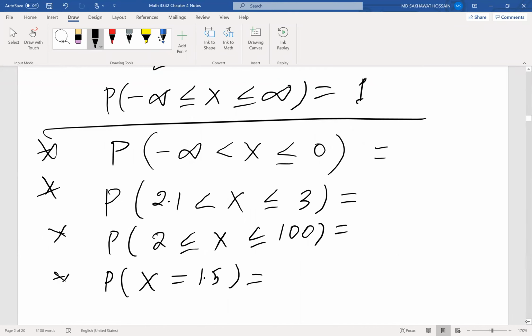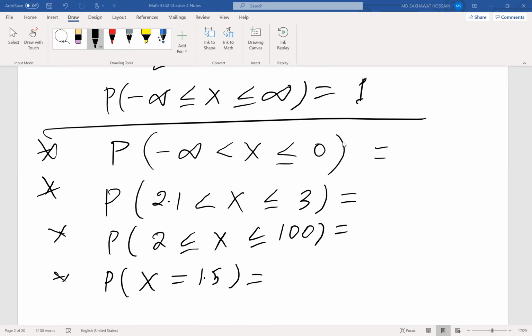So what is the probability for the first one? Yes, 0. What is the probability for the second one? 0, right? How about the third one? And how about the last one? Yeah, all answers are 0, right?